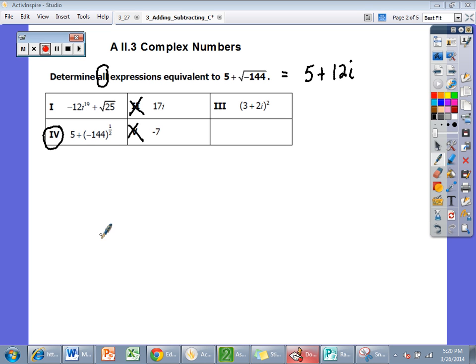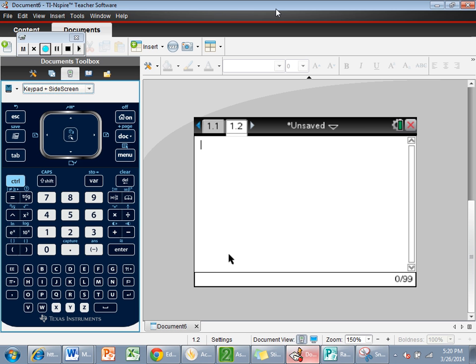So I'm going to go ahead and in my calculator, type this whole thing and see if I get 5 plus 12i. And then I'm also going to do this one right here, the 3 plus 2i squared. So I'm going to do negative 12, and my i, remember, is where this pi key is.